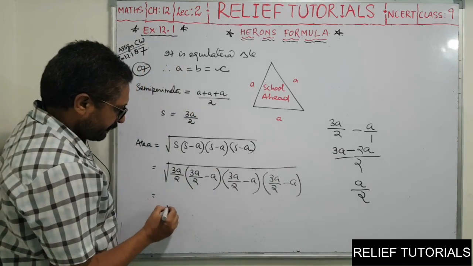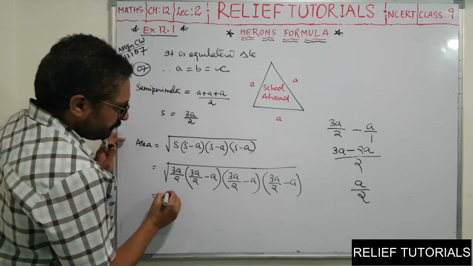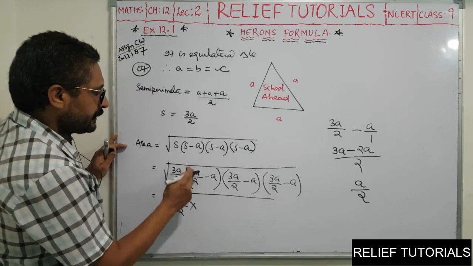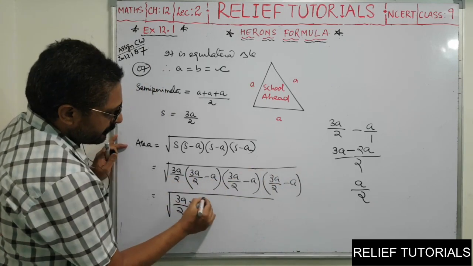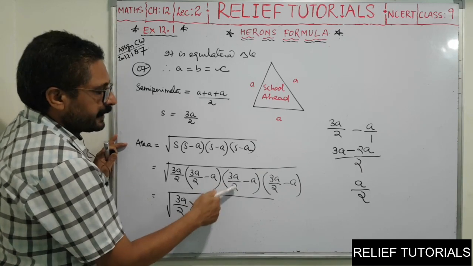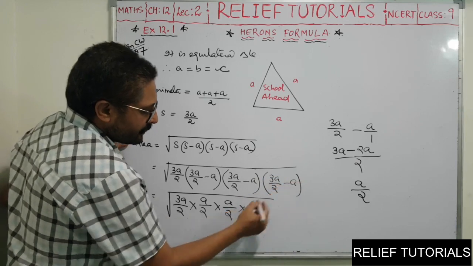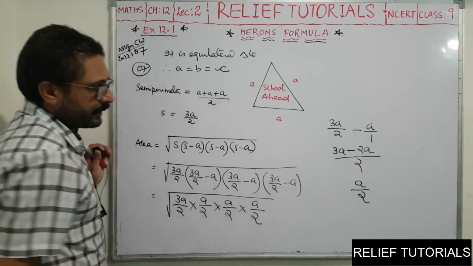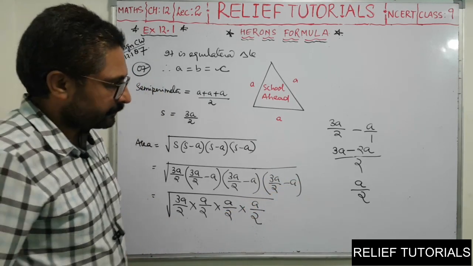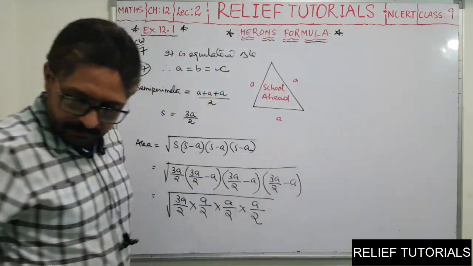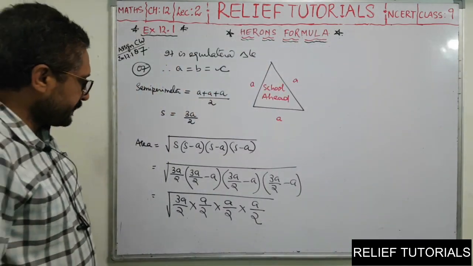So I can write here A by 2. 3A by 2 minus A is A by 2, here also A by 2, and here. I hope you understood this.